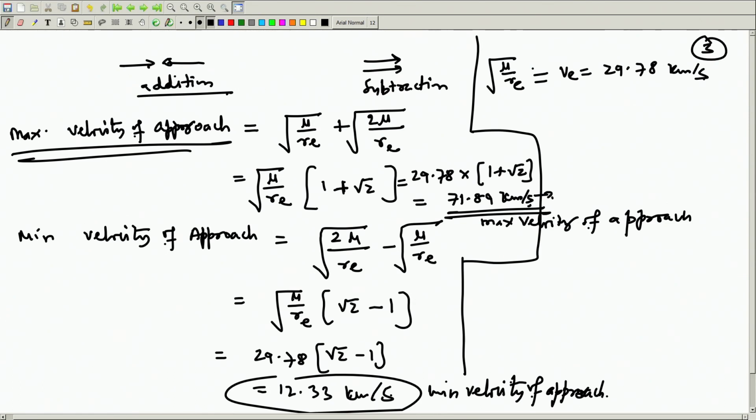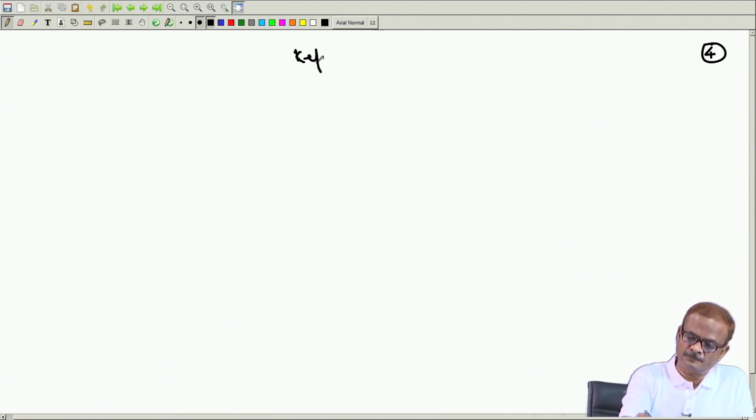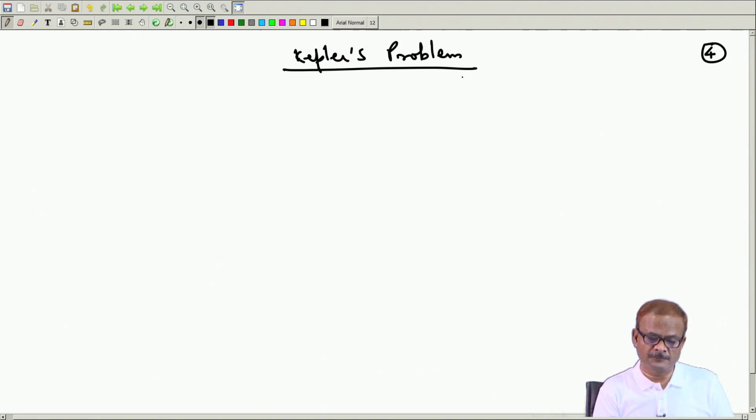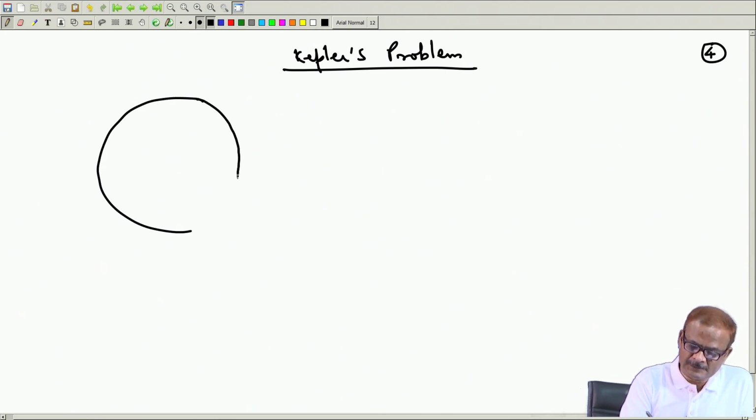Okay. So, we go to the Kepler's problem as we have been discussing earlier. So, we start with that. Here now we have been discussing that inside the circle we took one ellipse.